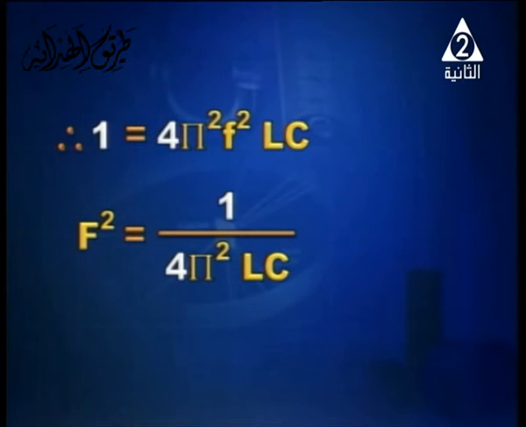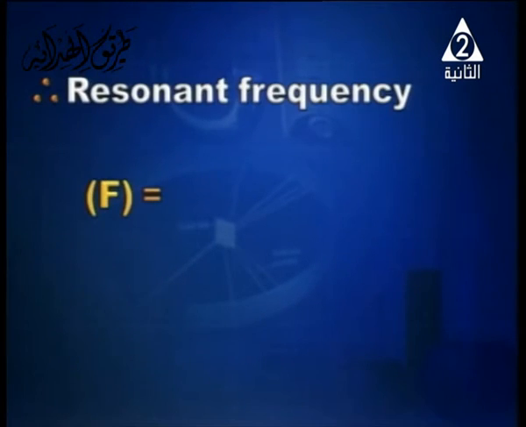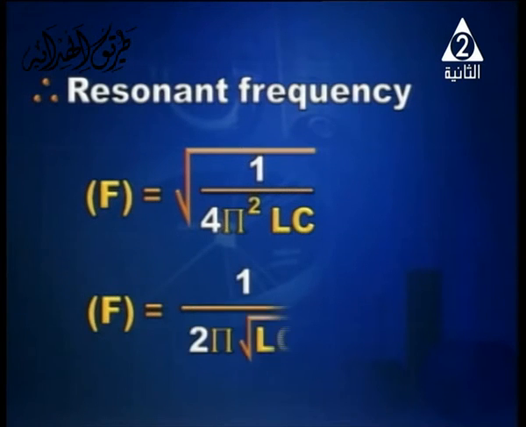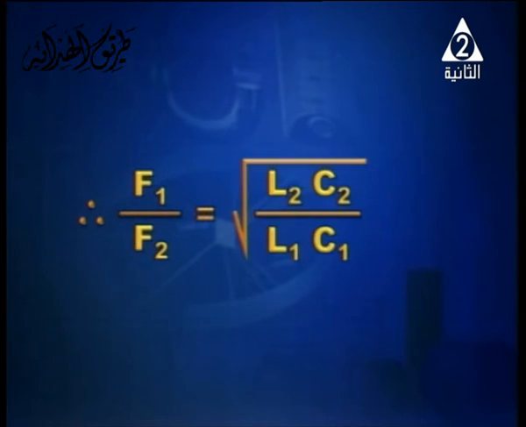In this case, we can obtain the resonant frequency. It is the square root of 1 over 4 pi squared LC. So the resonant frequency is 1 over 2 pi times the square root of LC. And we can say, of course, F1 over F2 is equal to the square root of L2 C2 over L1 C1.